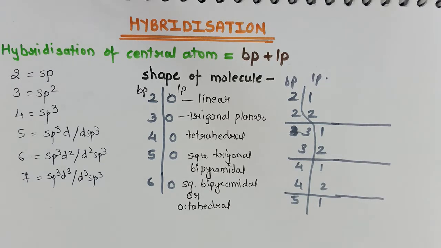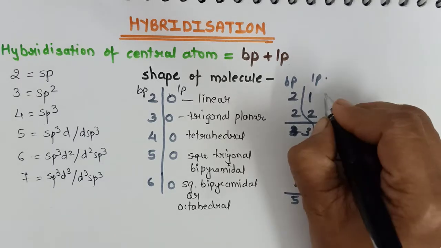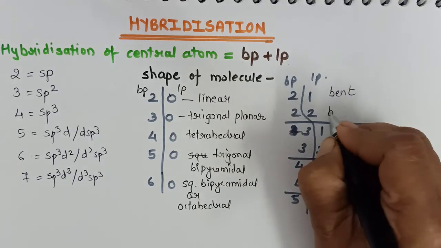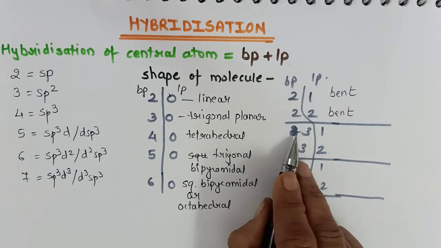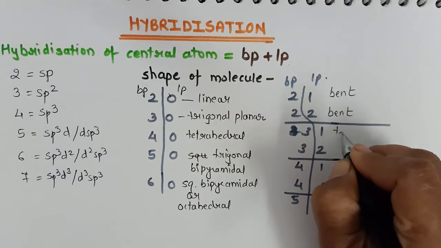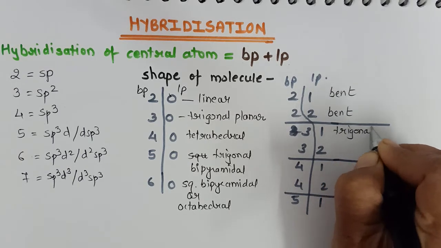If there are 2 bond pairs and 1 lone pair, then the shape is bent. 2 bond pairs, 2 lone pairs, again the shape will be bent. 3 bond pairs, 1 lone pair, in that case the shape will be trigonal pyramidal.